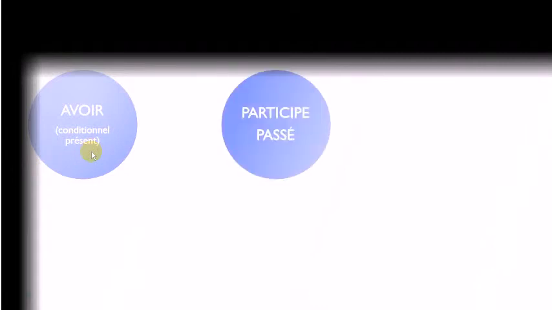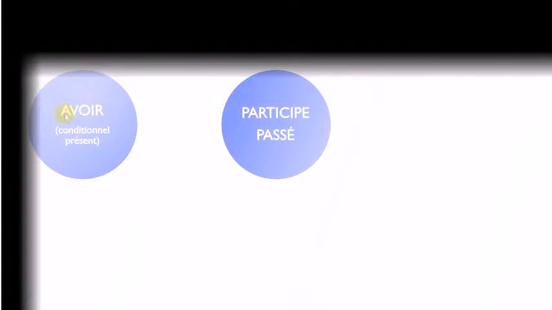So if you want to construct this conditionnel passé form, you will first have to use avoir, like we saw, but then avoir should be at the conditionnel présent form. Then you will put after it this participe passé form that we saw previously when we introduced the passé composé, because that's the second part that we use for the passé composé as well.